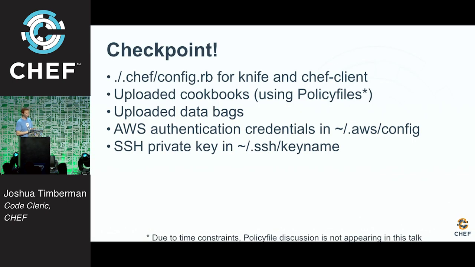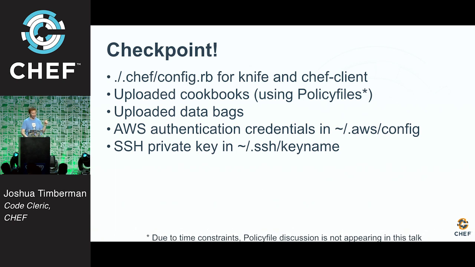So before we go any further, I want to talk about where we're at, what I've got. Since I'm using hosted Chef, I've got a config.rb that I'm using for Knife and for Chef Client. And then I'm going to upload the cookbooks. I'm using policy files, but I'm not going to talk about policy files in depth here. We can talk about that over in the booth later.